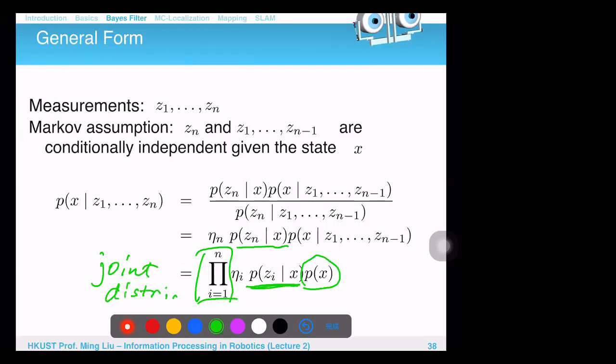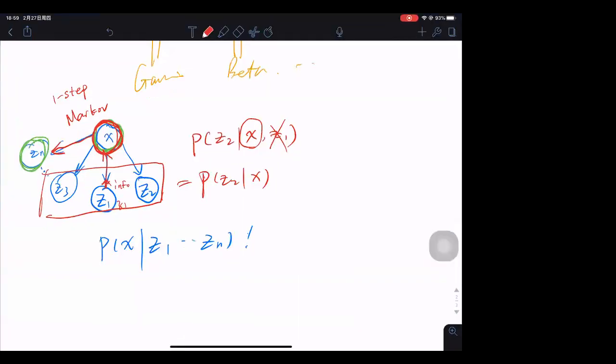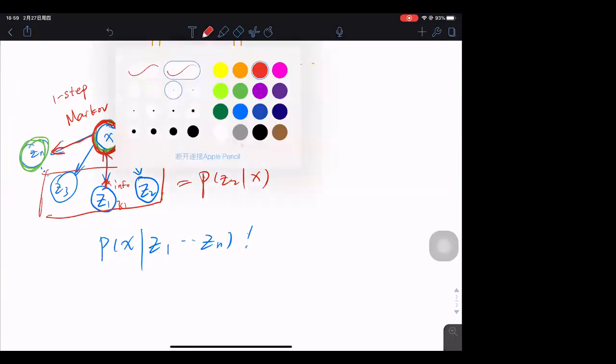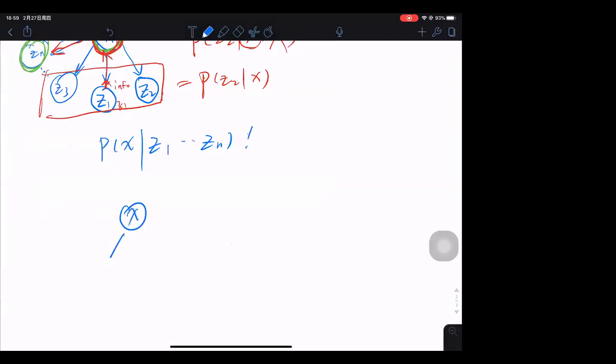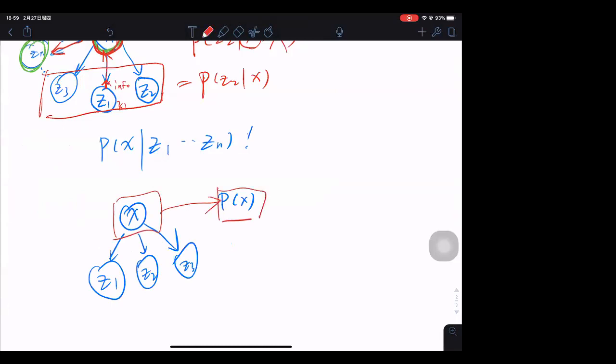You can also see that from this plot. You only have Z1, Z2, and Z3. So you have the P of X, that's taking out the origin of your joint distribution.